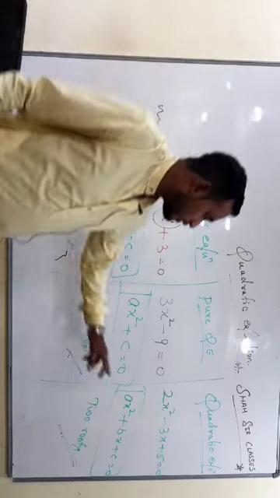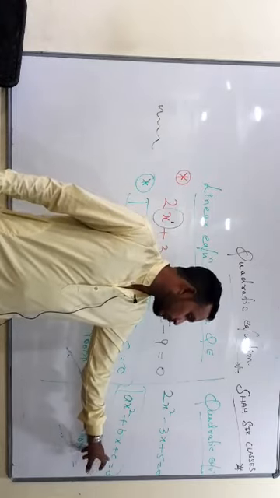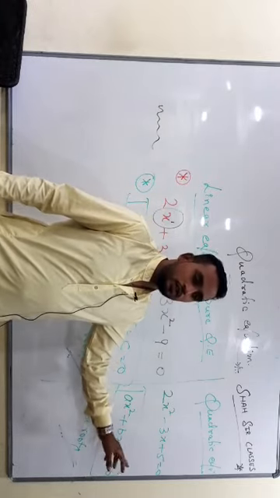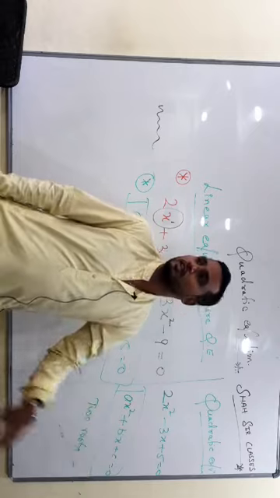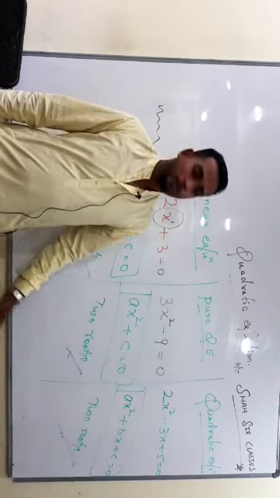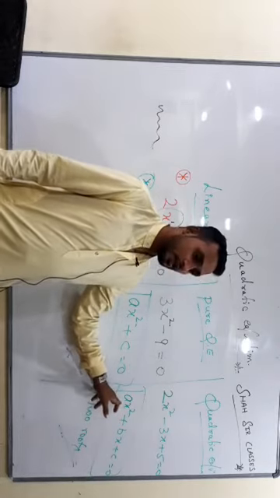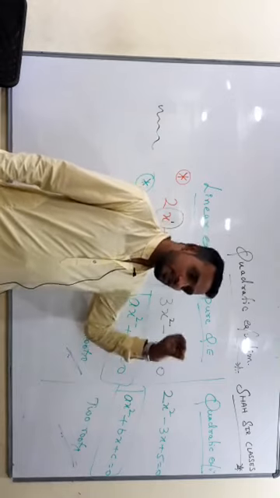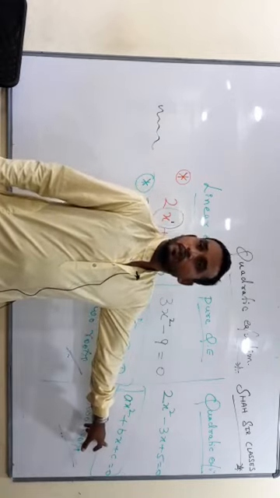Actually we should write a, b are coefficients and c should be written as constant, but here I am giving you this kind of sentence. Understood? Because it has variable and number, we call this coefficient. If it is just a number, we call it constant.